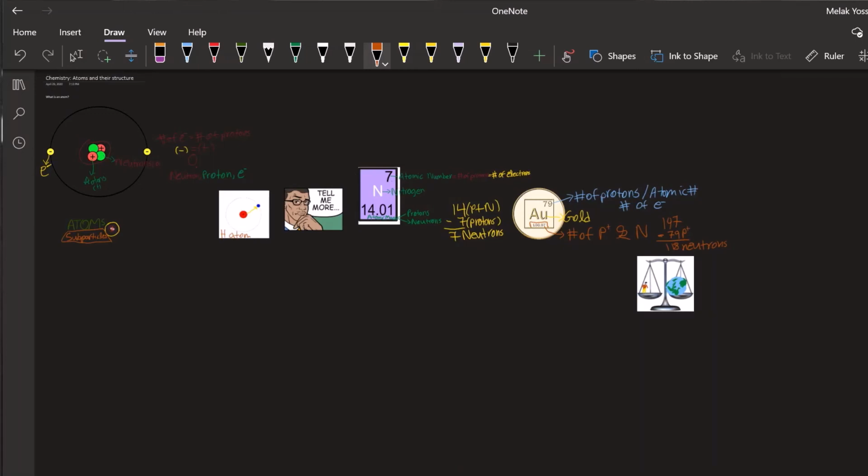So today we just covered the atomic mass, the atomic number, and we went through the definitions for subparticles.